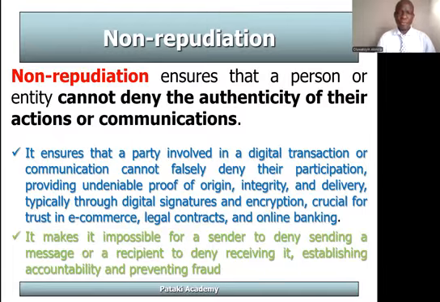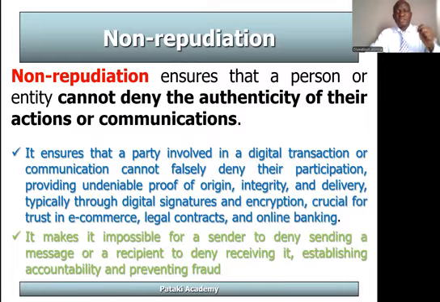Non-repudiation. What is non-repudiation? Non-repudiation ensures that a person or entity cannot deny the authenticity of their action or communication. It ensures that a party involved in a digital transaction or communication cannot falsely deny their participation, providing undeniable proof of origin, integrity, and delivery, typically through digital signature and encryption.